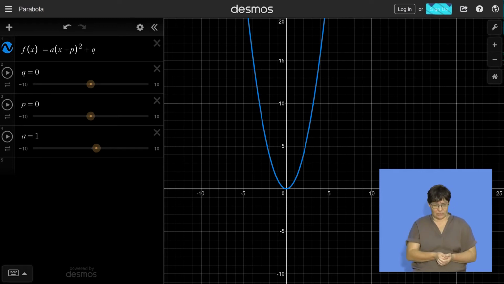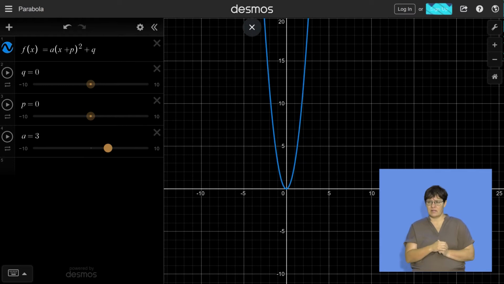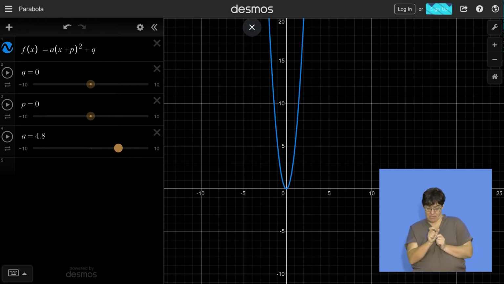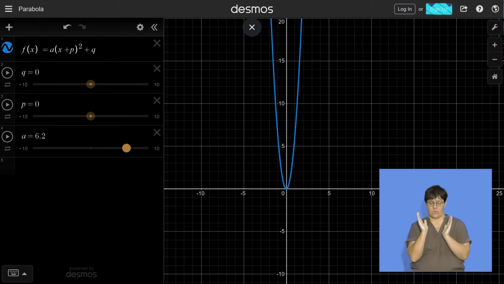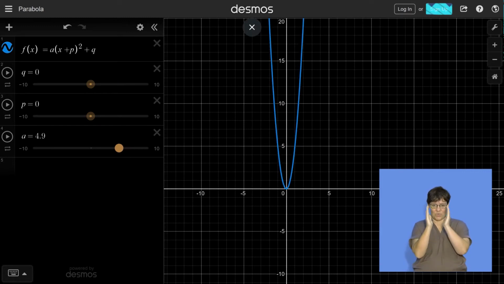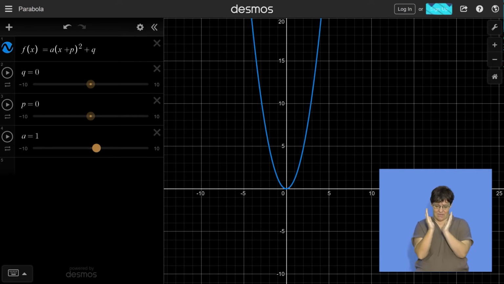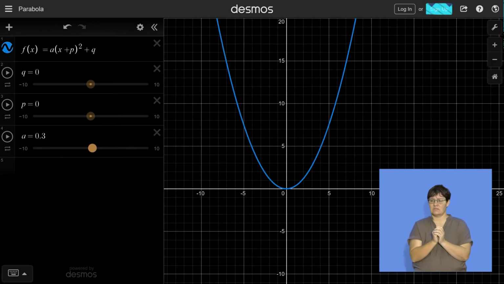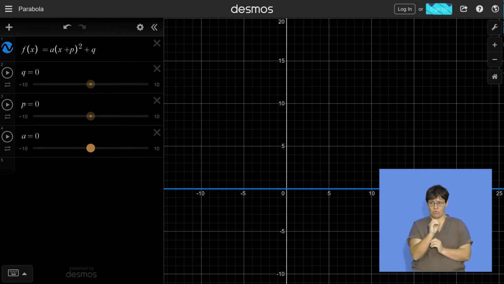Now, the very first thing I will do is try and play around with the a value so that we can see what happens, right? Remember we said when a gets bigger and bigger, the graph gets narrower and narrower, right? It becomes closer and closer to the y-axis. But now, when it gets to being 0, it's a straight line, right?